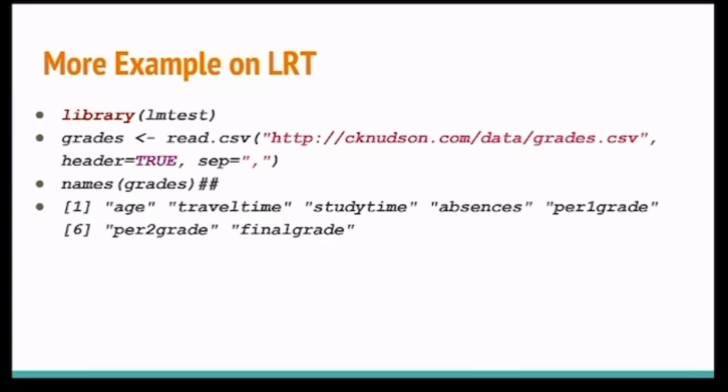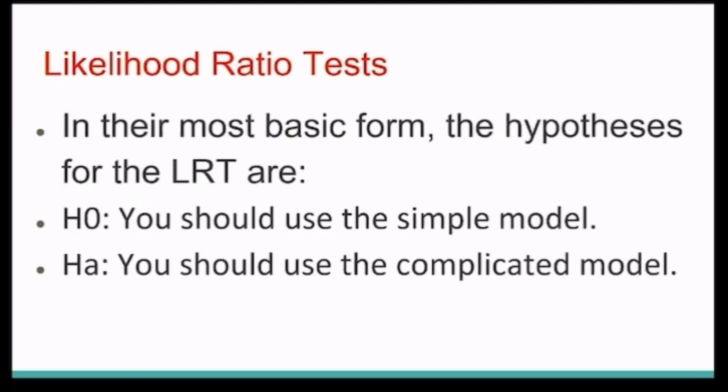Of course, when you are conducting a likelihood ratio test, in the null hypothesis you're going to have a simple model, and in the alternative you're going to have a complicated model.